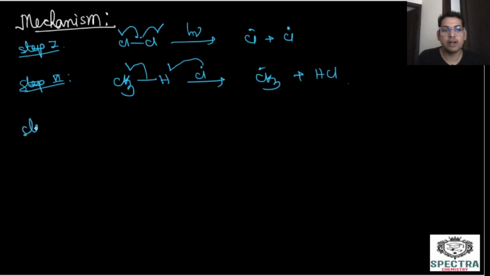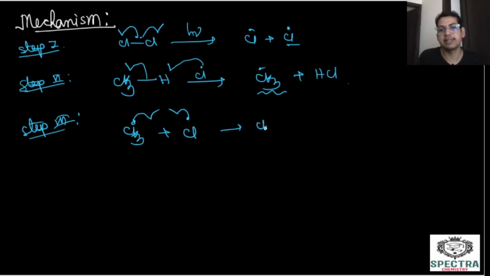Now step 3, what do you want? I want this CH3 dot, which I have produced here, to react with a Cl dot, and if it reacts, I will get my CH3Cl, and that is my desired product.